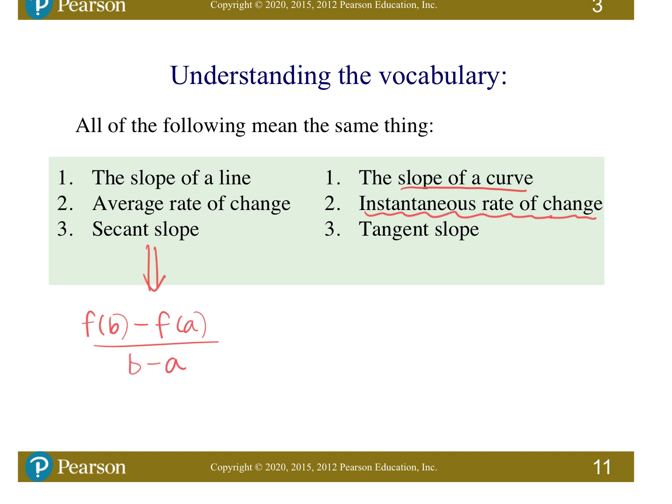And then the slope of a curve, not the slope of a line, but the slope of a curve, is the same as the instantaneous rate of change, which is the same as the tangent slope. The main difference is that we throw a limit in front of that, and that's what makes it instantaneous.